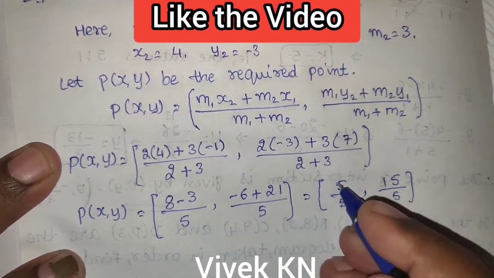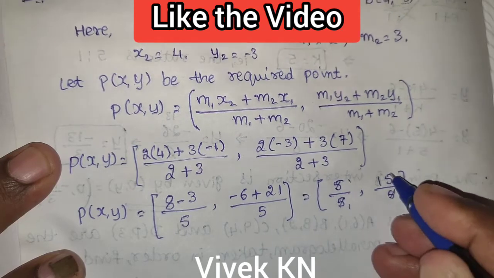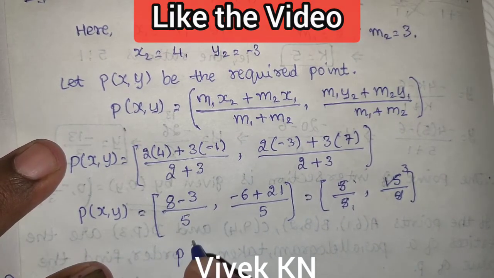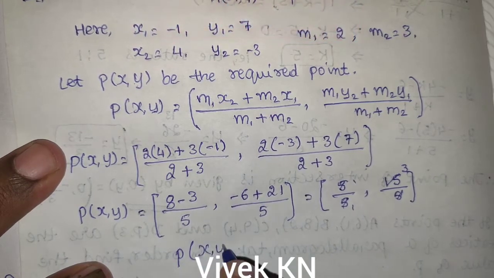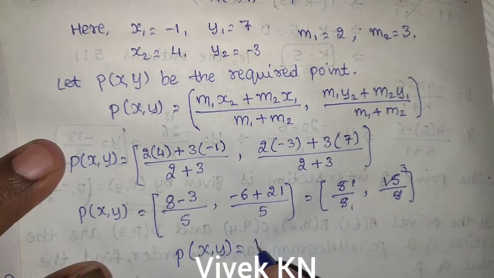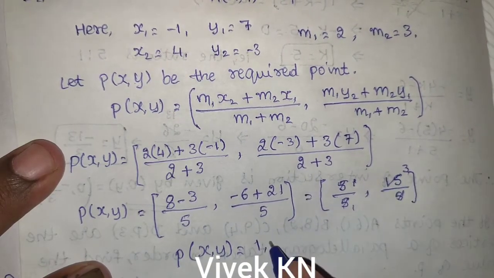Here 5 ones are 5, 5 threes are 15. So P(x, y) is equal to (1, 3).